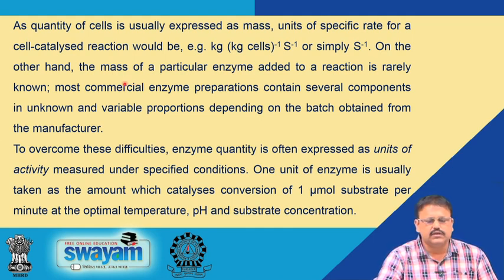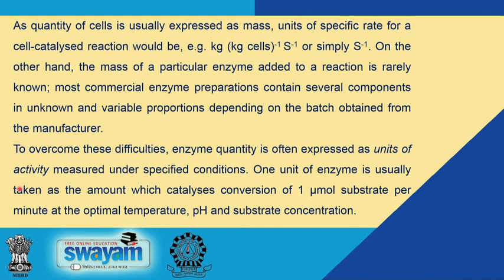Similarly for enzymes, the enzymes may be the same but the source may be different, and for this the enzyme activity may be different. So the enzyme activity has to be measured, and from there we can consider the per unit activity measured under specified conditions.